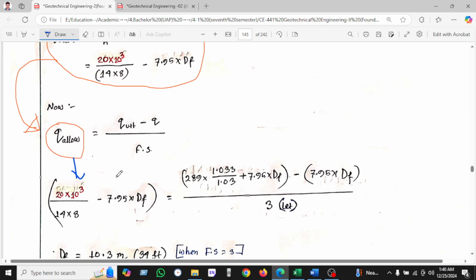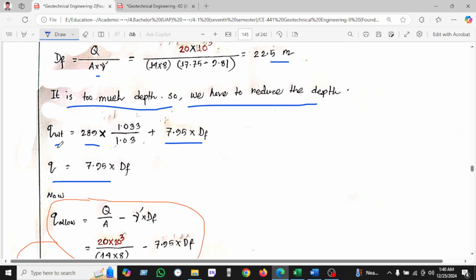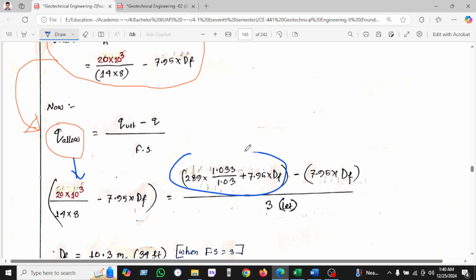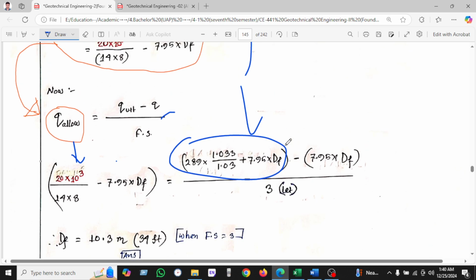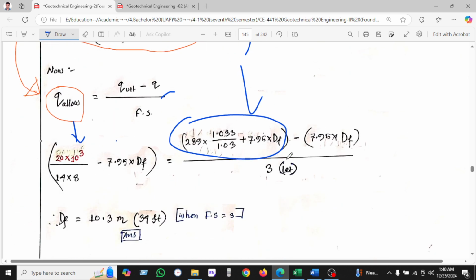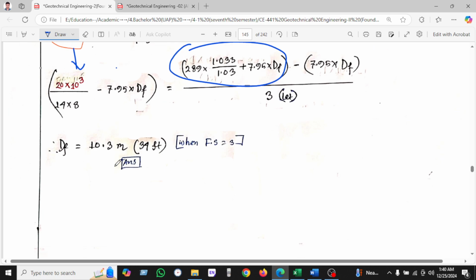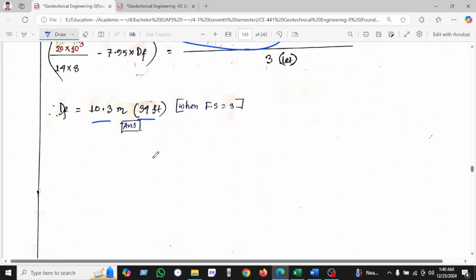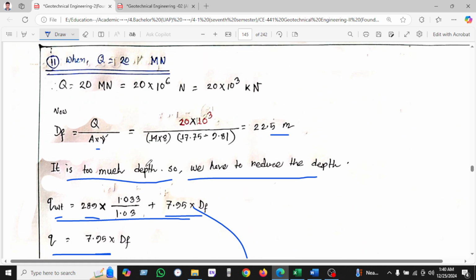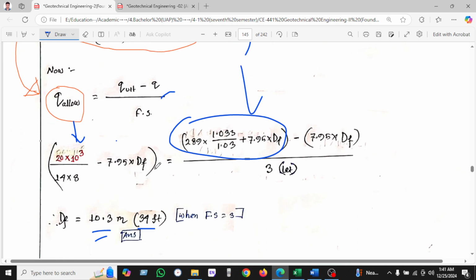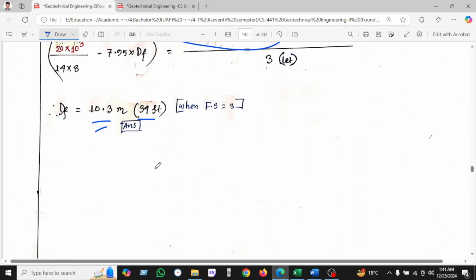So q allowable is here, and this is the ultimate equation, coming from here, and q we have used here as 7.39 Df, and found 10.3 meter, which is 34 feet. If you use Df again here, then we have to calculate again by the trial and error method.